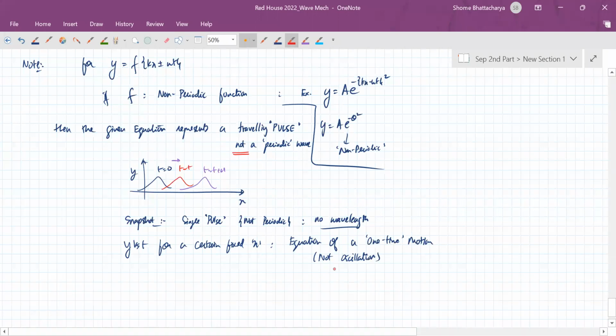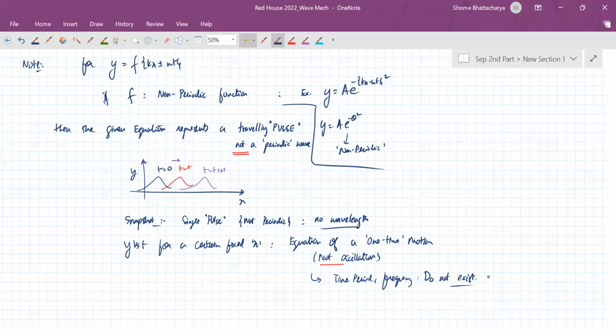So since it is not oscillation, time period, frequency, all these things do not exist. So that is the second category of this kind of general equation.